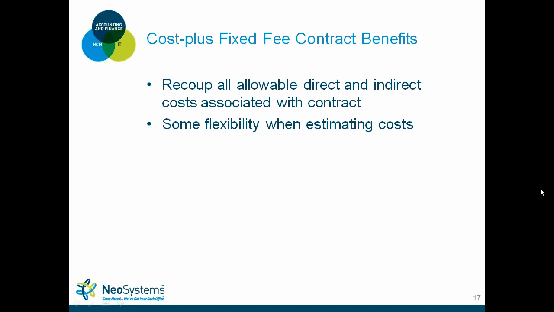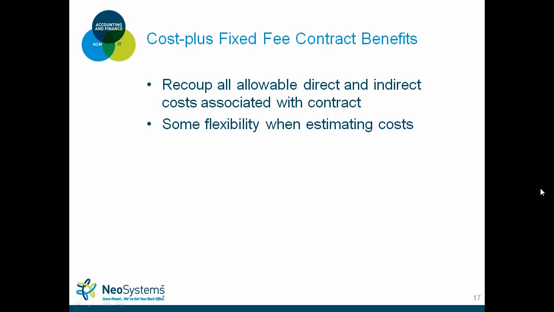That's an advantage. You also get to recoup all of your allowable direct and indirect costs associated with the contract. So only, and I should have put an asterisk in here, only if your rate exceeds what you've proposed.